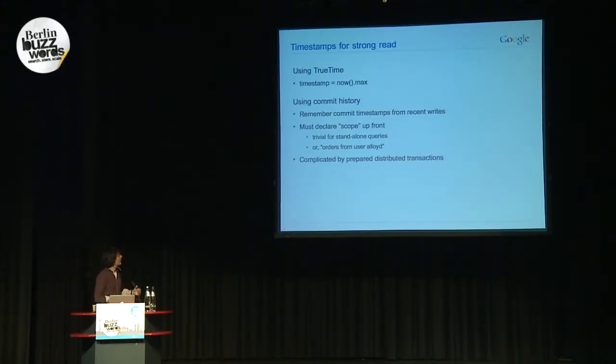And another way we do this then is to just look at the commit history and say, pick a timestamp from recent writes. It's always safe to compress away that data because you can always just pick a more conservative, bigger timestamp. And we force you to declare the scope of your reads up front.